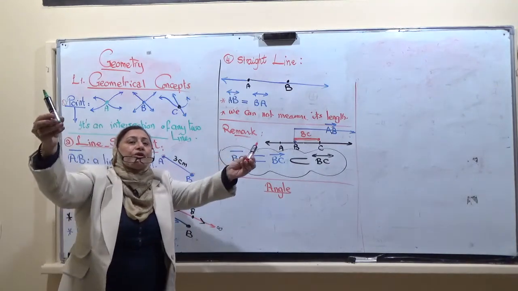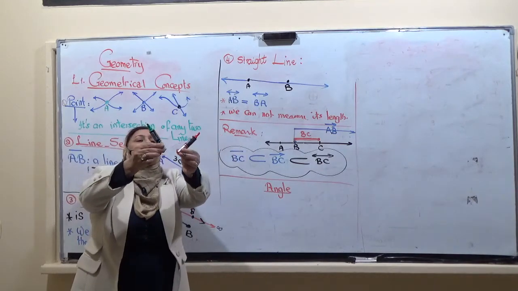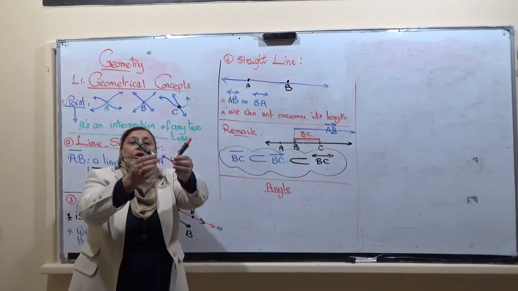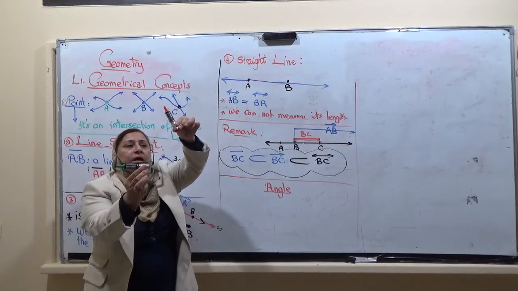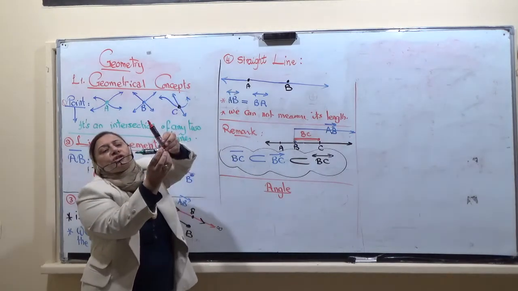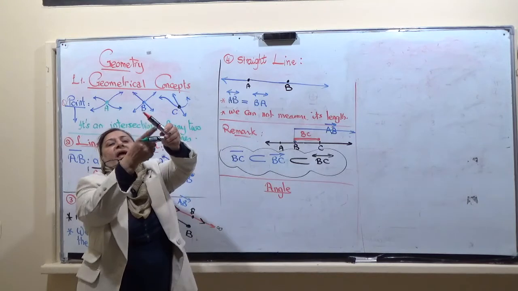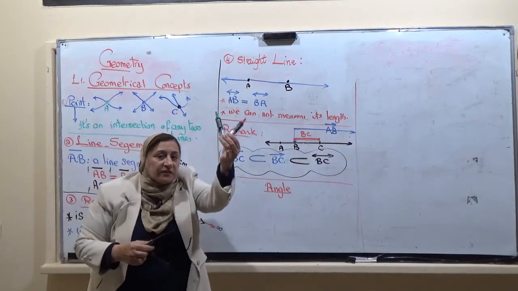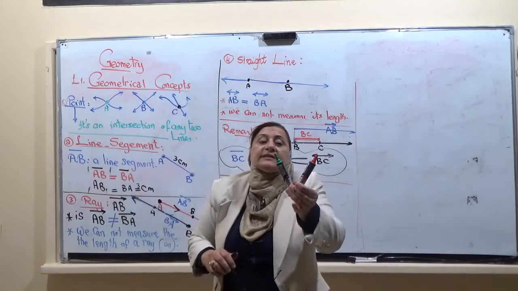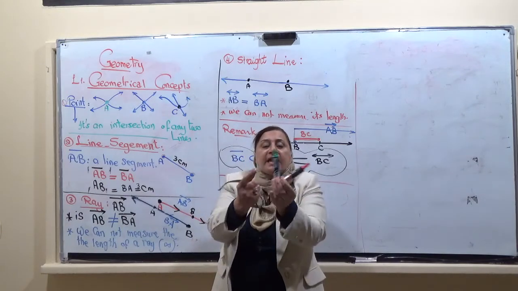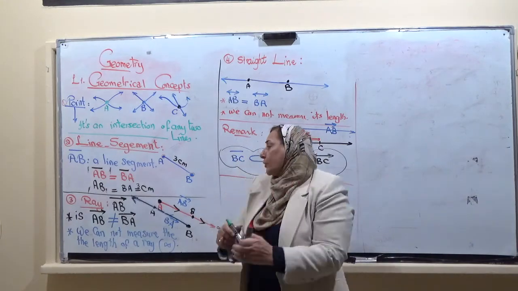If you make the union of the two rays having the same initial point, we obtain an angle. So the definition: the angle is the union of two rays having the same starting point.